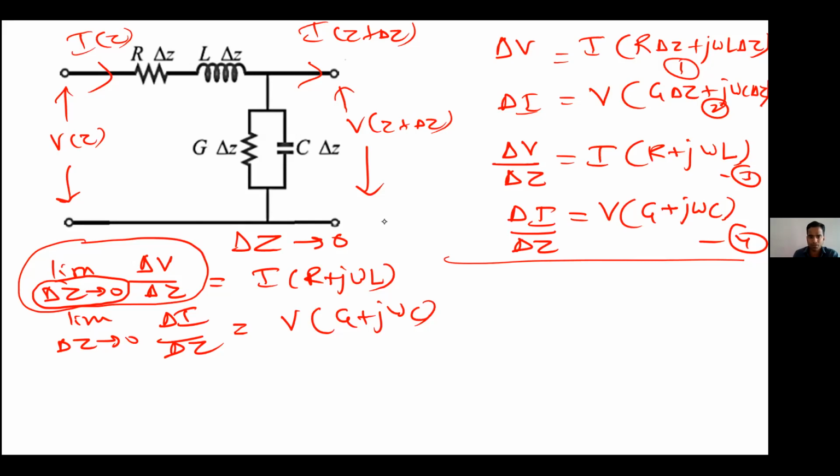Okay, time is over. Okay, fine. We can stop. So at least, I mean, you must be knowing what does this give, right? This is the definition of derivative. So this will give us dV by dz, and this will give us dI by dz. Fine, we can continue this next time.